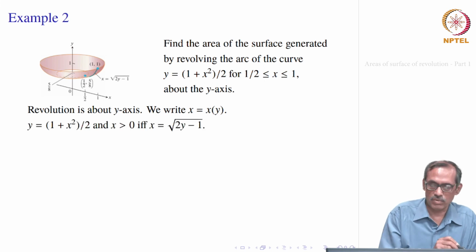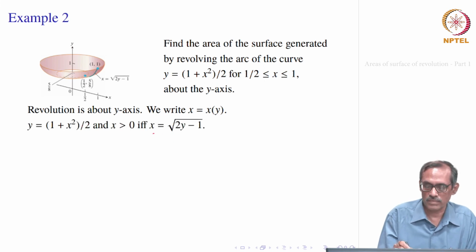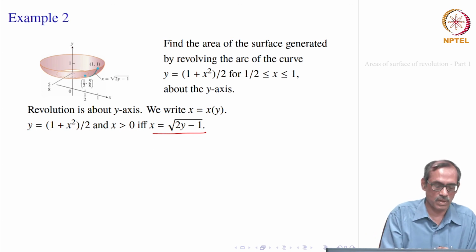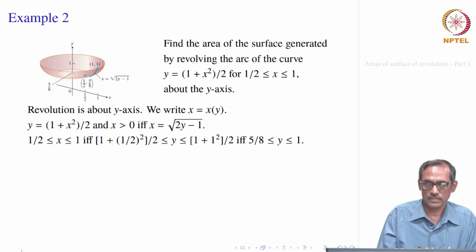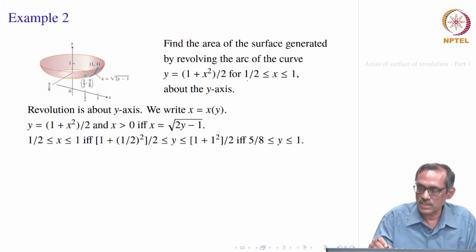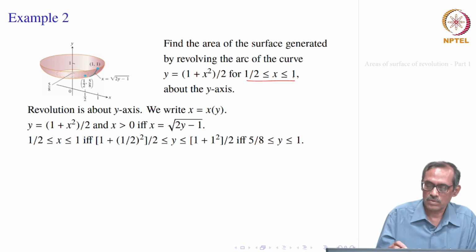So, x equal to x of y, which is square root of 2y minus 1, x greater than 0, okay. It is half to 1. So, it is x greater than 0, therefore, we get x equal to square root of 2y minus 1 as the curve. And when x has the limit half to 1, our integral will involve limits in y. So, we have to find out limits for y, fine.